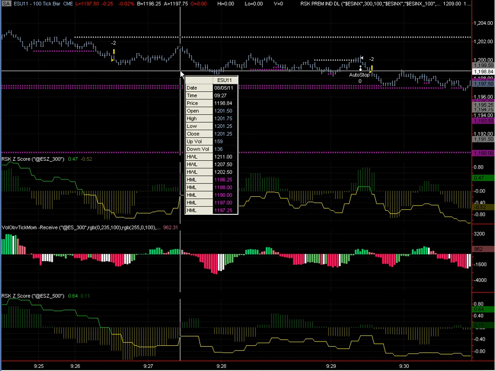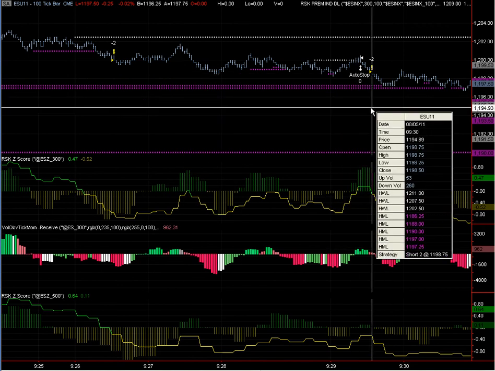So we had a little bit of a drawdown there, but it did not exit because the auto stop didn't take us out of the trade until right here.